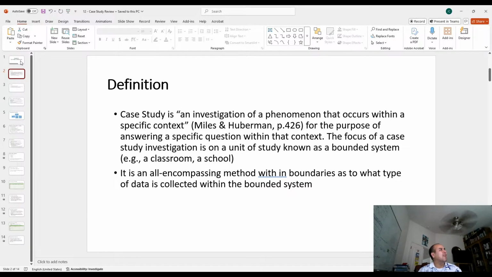Okay, what is case study? Case study is an investigation of a phenomenon that occurs within a specific context for the purpose of answering a specific question within that context.